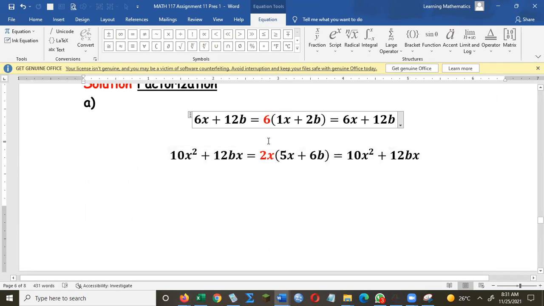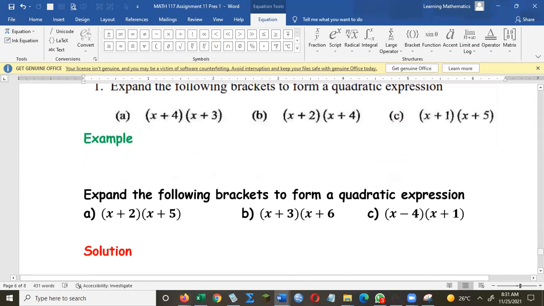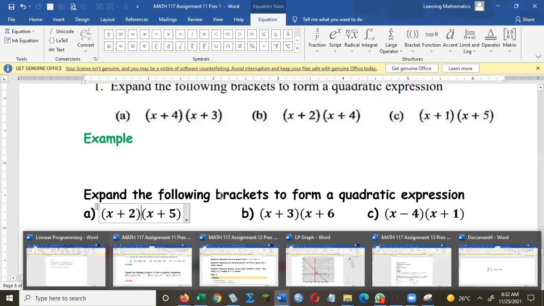You don't see 6 plus something or 2x minus something. So these are very simple factors, and you just multiply by them. These factors now are a little bit more complicated because they have 2 terms in a bracket. So these are the factors we're going to use to multiply to clear. Okay? So that's what we're going to do today.